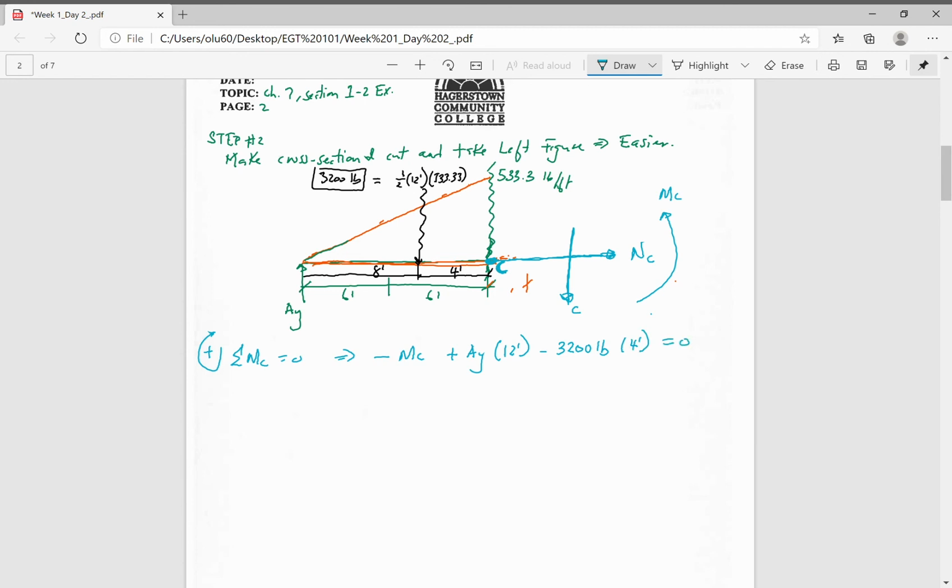And then you can solve for MC, M sub C. You're going to get the answer in pounds foot.